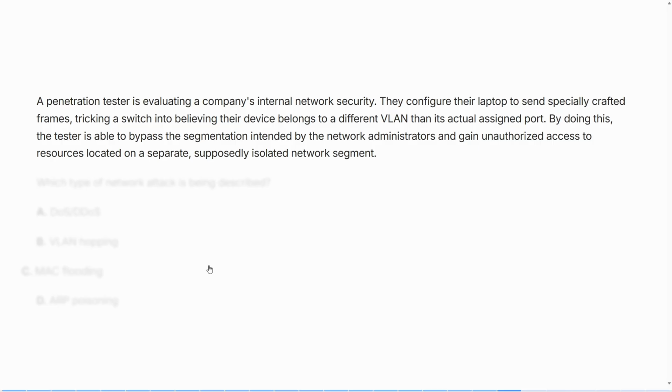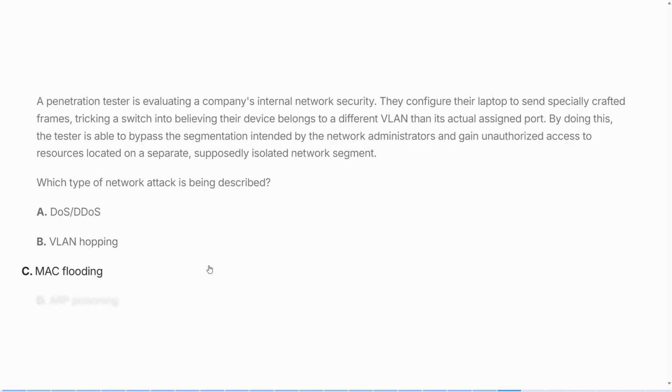By doing this, the tester is able to bypass the segmentation intended by the network administrators and gain unauthorized access to resources located on a separate, supposedly isolated network segment. Which type of network attack is being described in this scenario? Is it A, DoS/DDoS, B, VLAN hopping, C, MAC flooding, or D, ARP poisoning?